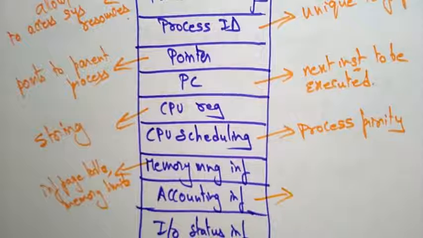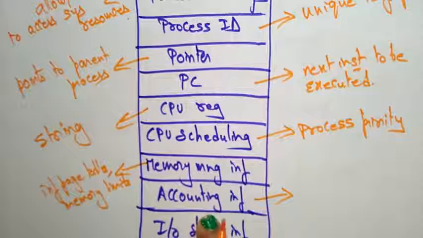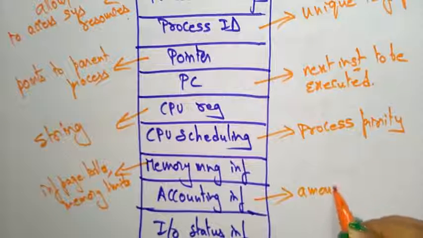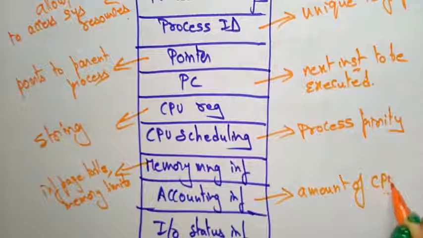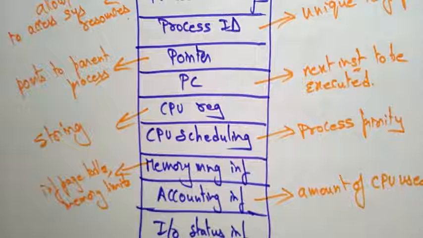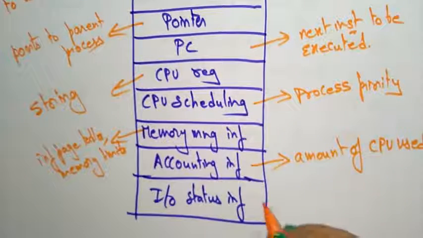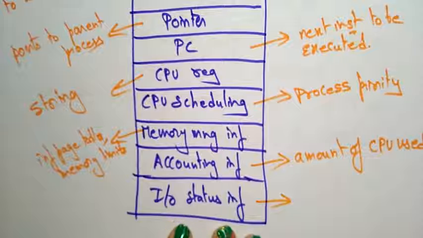Next, accounting information. Accounting information includes the amount of CPU used for process execution, the time limits, and execution ID, etc. Everything will be stored in accounting information. And the last one, IO status information of the process.